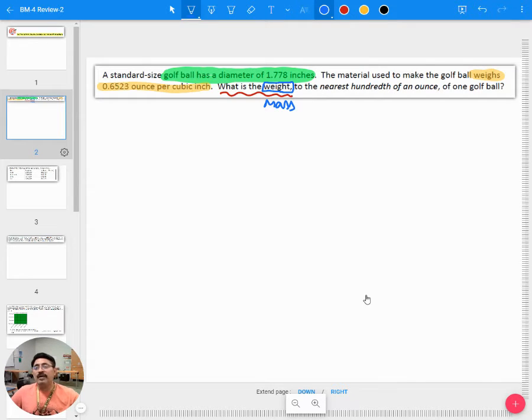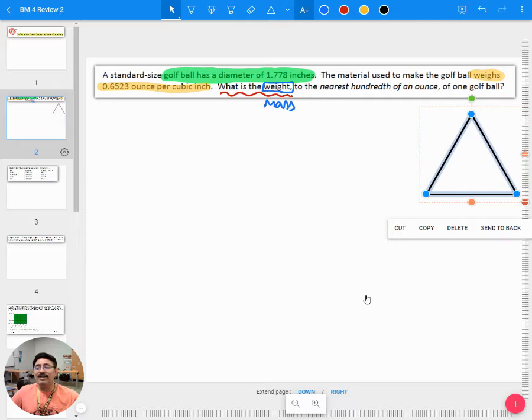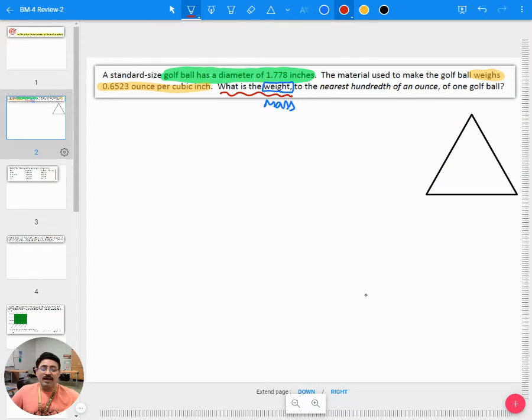So what you are expected to do is go for the magic triangle. Inside this one, you may take the English letter T and write the density formula. Density equals mass per volume. Now the question is, what is the mass?